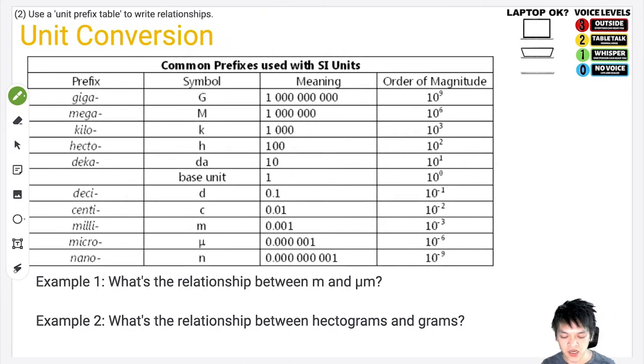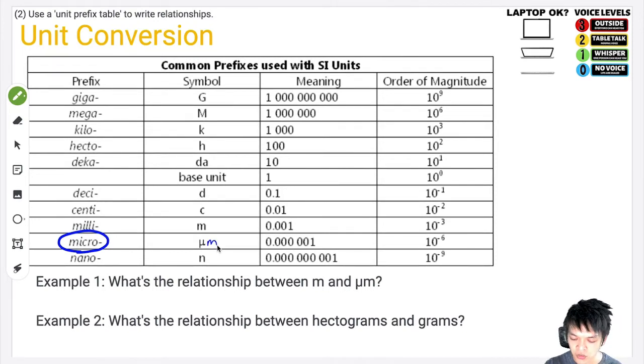Okay, right here, example 1, what's the relationship between meters and micrometers? Meters has no prefix, so it's just a base unit. This one has a prefix, micrometers. You just look for wherever the prefix is on the table. Here it is right here, micro. A micrometer is this many meters. To visualize it better, you can imagine these M's: micro what?